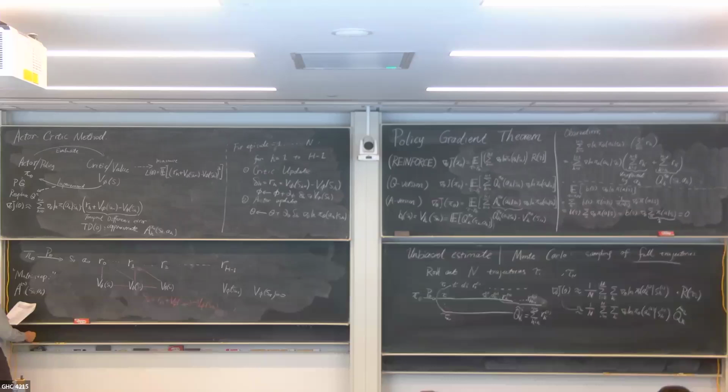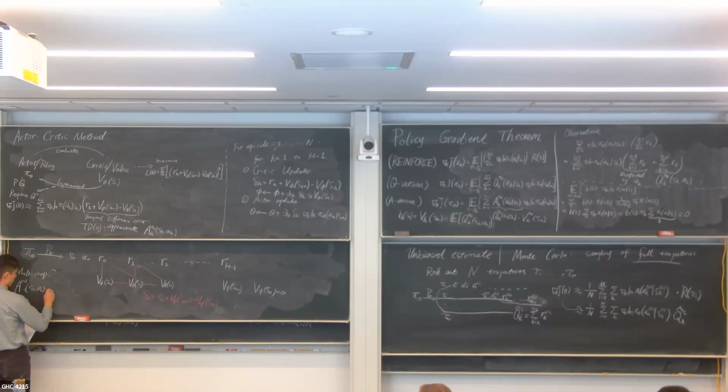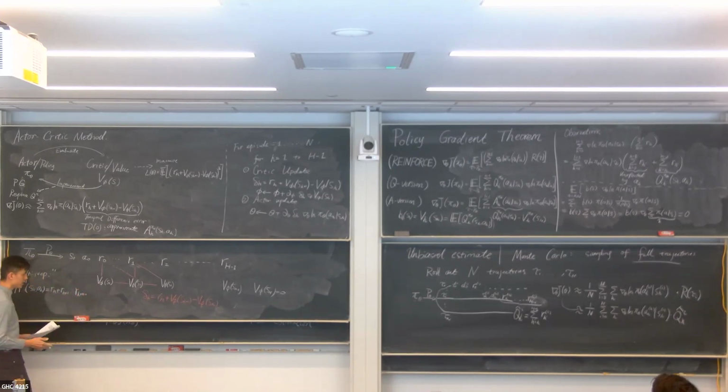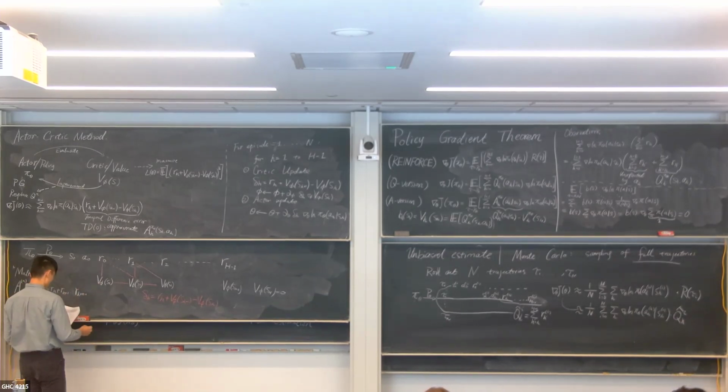Okay, so one alternative will be at time step h, I'm gonna roll out a few steps. And then at some point I would decide to stop because if I keep going, it would never end.